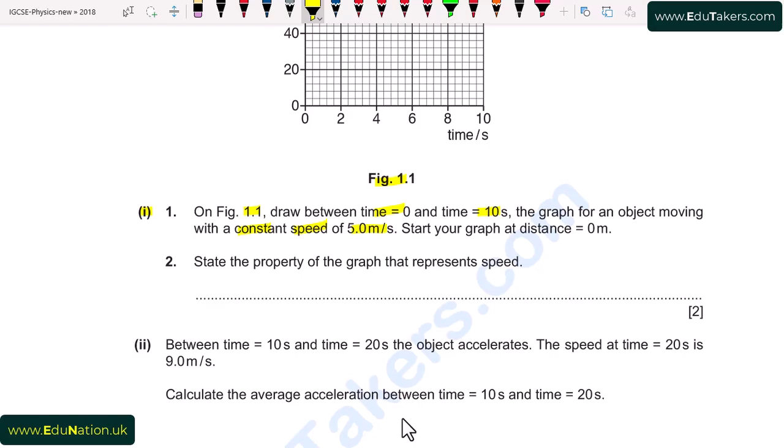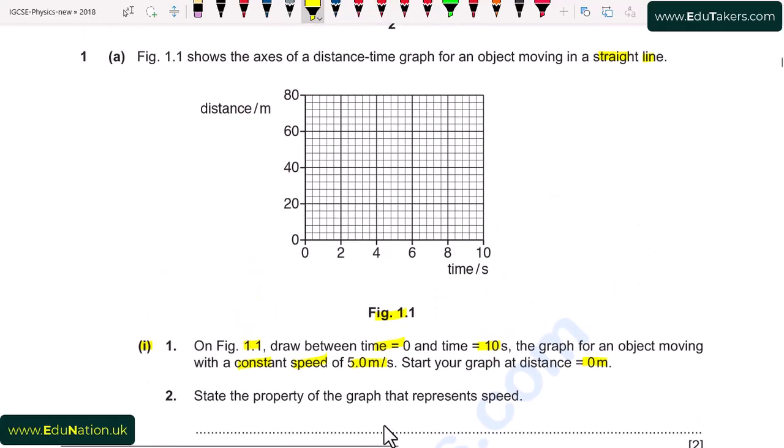Start your graph at distance equal to 0 meters. So first of all we have to draw the graph when the speed of the object is constant. It is 5 meters per second. It is not changing, and we have to draw this graph between 0 and 10 seconds.